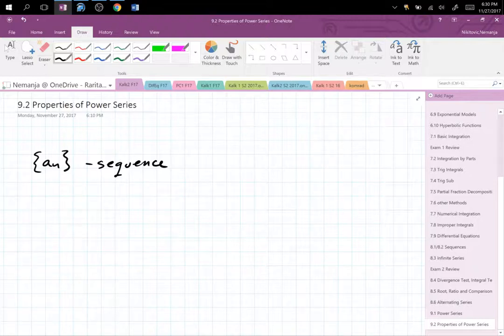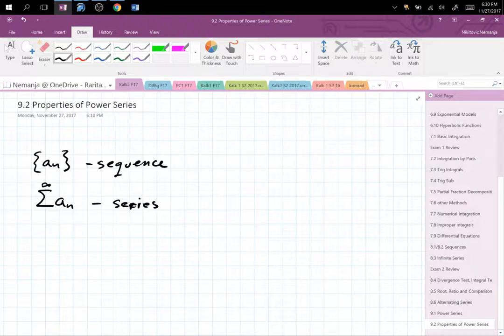And then we have the series of a_n, which was the sum of a sequence, and that is preferably infinite, because the finite ones are not fun. You have a finite amount of numbers to add, so it always converges. So for the infinite one, we learned 10 different tests to discover convergence, divergence, and all of that good stuff.